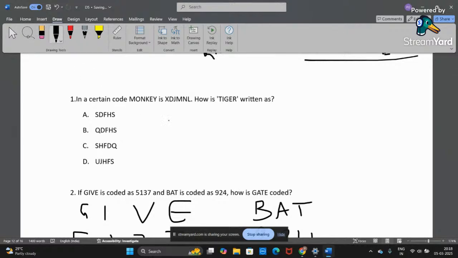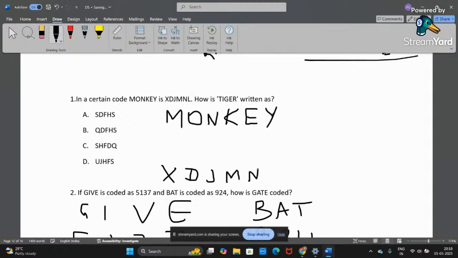Here the word monkey is written as X D J M N L. Right. This monkey is coded as X D J M N L.